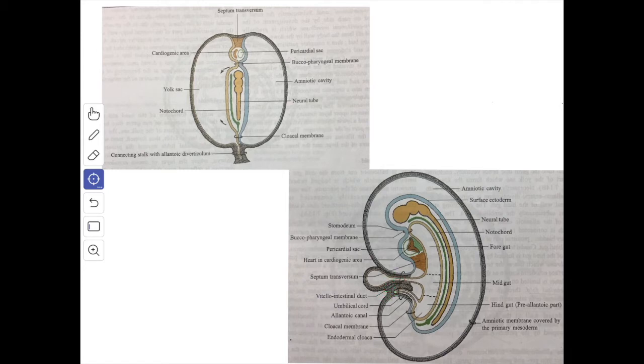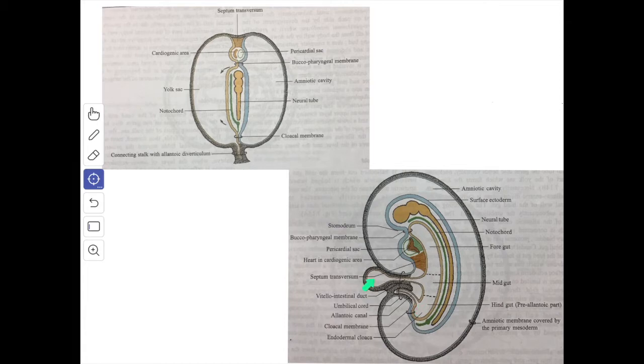The yolk sac cavity, on the other hand, is reduced in size and undergoes an hourglass constriction by the convergence of the fold on the ventral surface of the embryo. The part of the yolk sac within the embryonic folds forms the primitive gut.